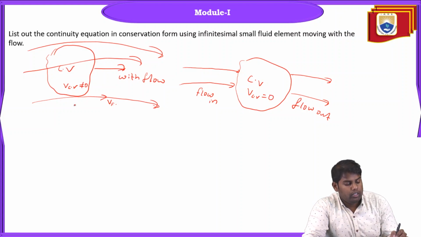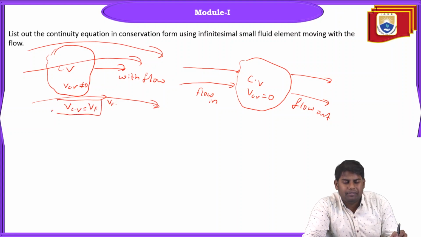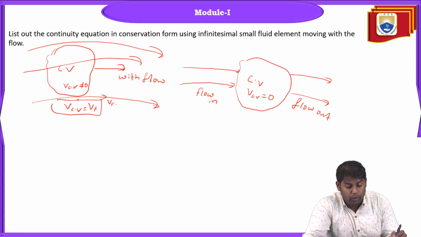Or you can take V of CV equal to V of F, so it moves along with the velocity of the fluid. Here the control volume is stationary, and here it is moving with the flow.